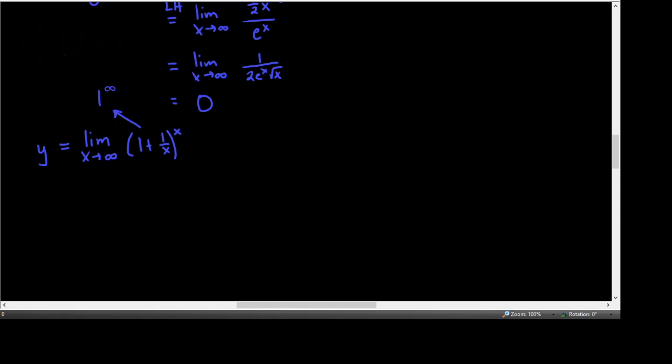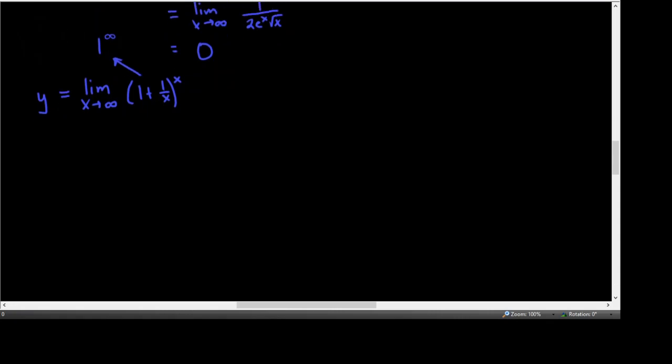But saying equals y lets us do stuff. So we're going to do stuff to both sides of this equation and figure out what y is using some algebra and L'Hopital's rule eventually. Anyway, so what I want you to do with this is do logarithmic differentiation. Take the natural logarithm of both sides.